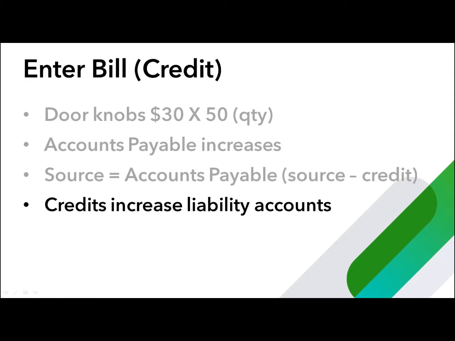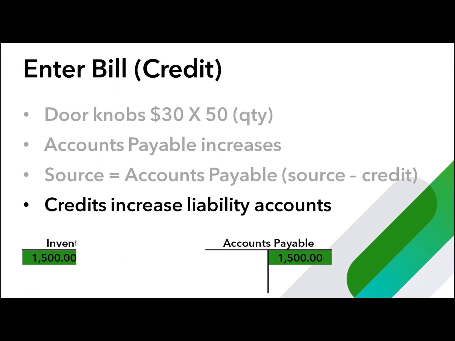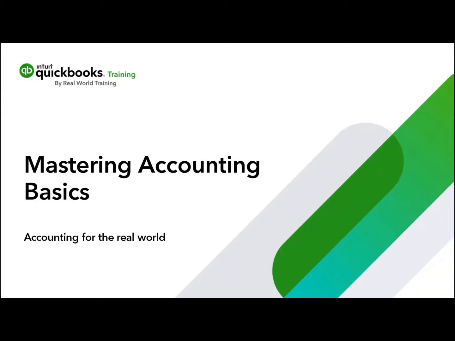That makes sense because accounts payable is a liability, and credits increase liability accounts. Draw a T to represent the accounts payable account. Credit the account to increase the liability. Enter the amount on the right side. Now let's redisplay the other side of the transaction, the inventory asset account. The accounting is correct. Debits equal credits. You see this transaction in the next topic.